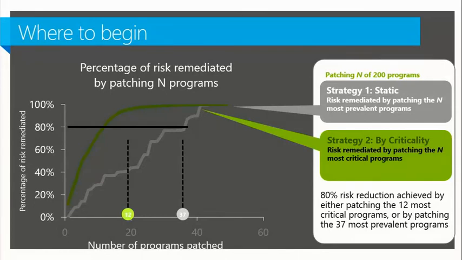Or if, instead of looking at criticality, we only look at where the applications are installed, then we need to find the first 37 most prevalent updates to get the same risk reduction. So this really tells us that having vulnerability intelligence is extremely important in order to know where we should begin.